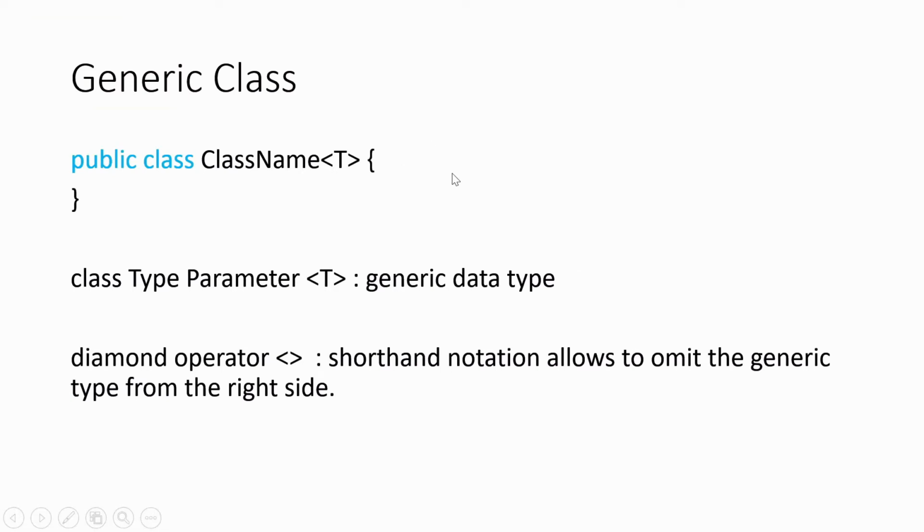Generic class. If I would like to write any generic class, as you have seen, I have used a class type parameter, which is a generic data type. So let's see this one.